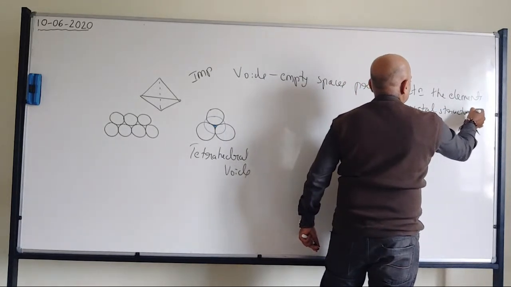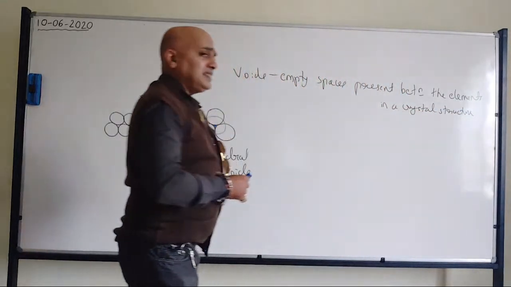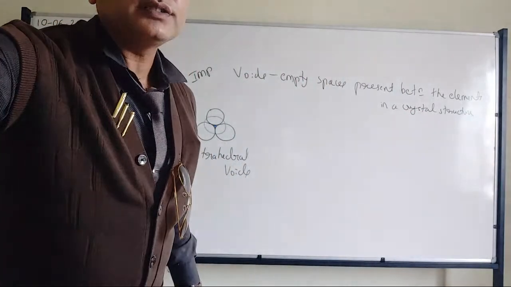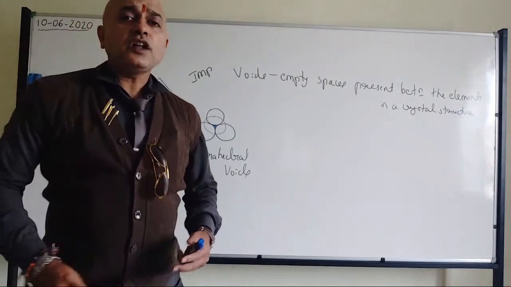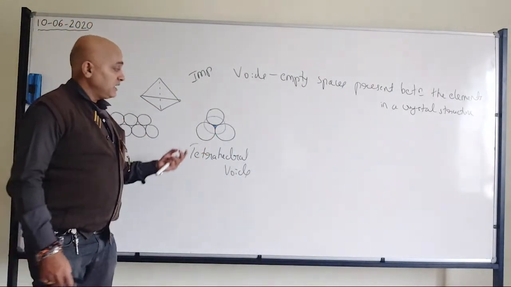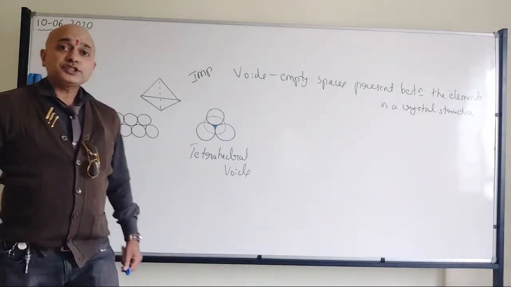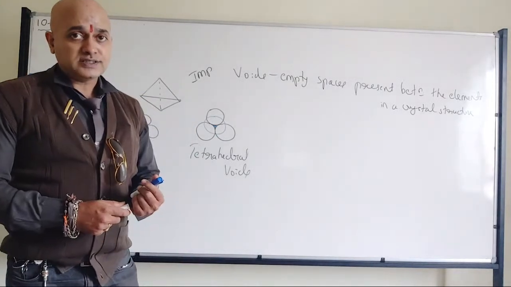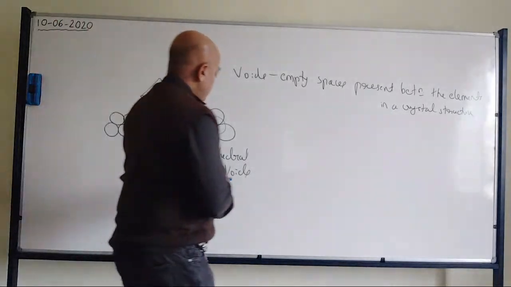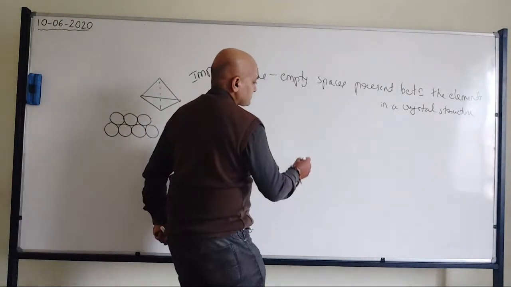They are called voids. Now among voids we have one type, called the tetrahedral void. Right? Yes, all of you are right. It will be 4 atoms or 4 elements involved in the formation of a tetrahedral void. All of you have understood? Okay? Now I will move to the next one.